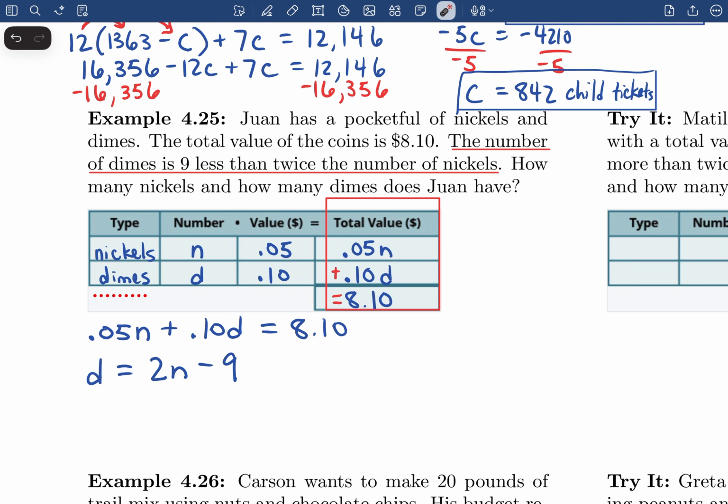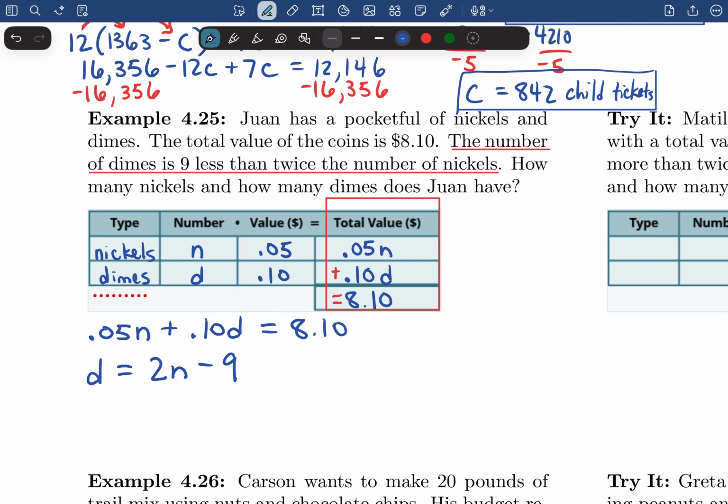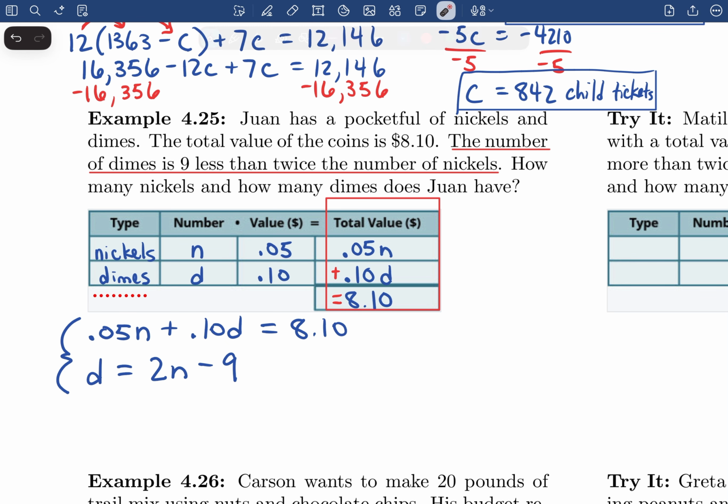The number of dimes, d, equals 9 less than, okay, minus 9, twice the number of nickels, 2 times n. There you go. So d equals 2 times n minus 9. That is a second equation. Well, I've got a system. Here it is.